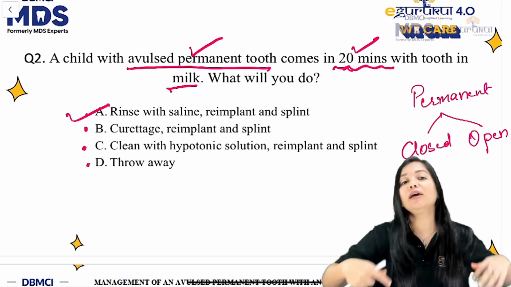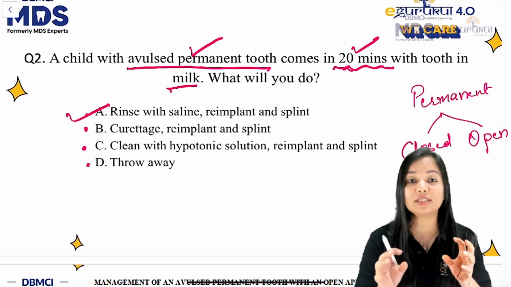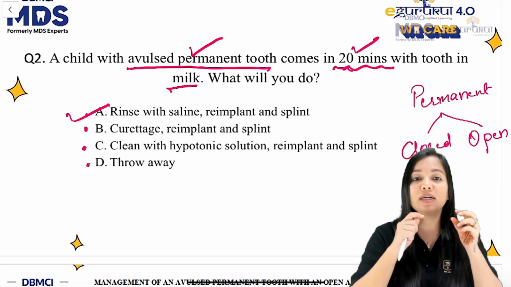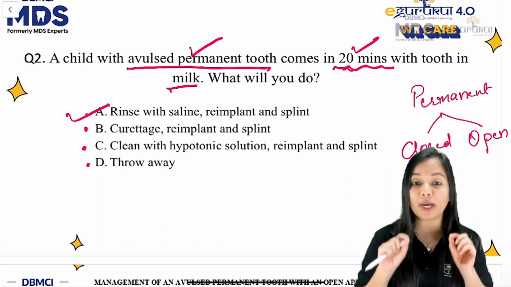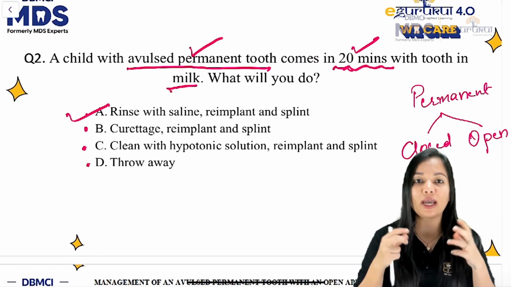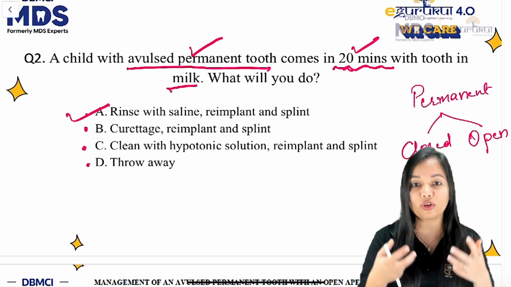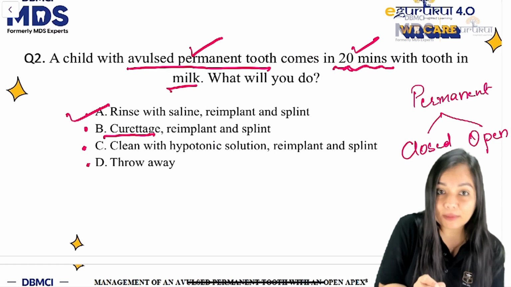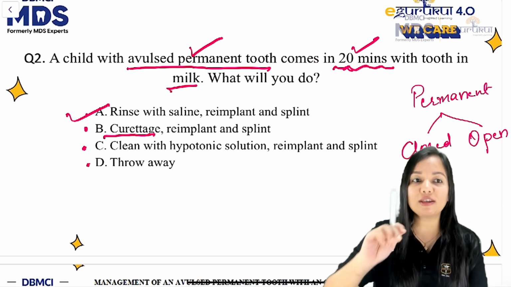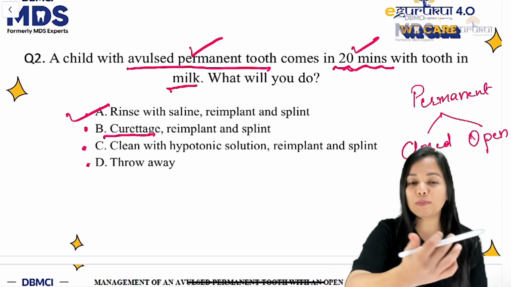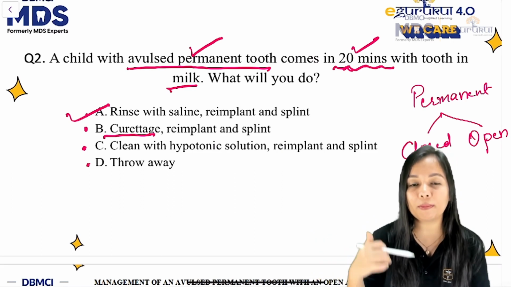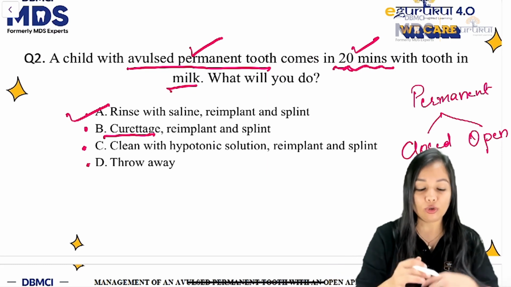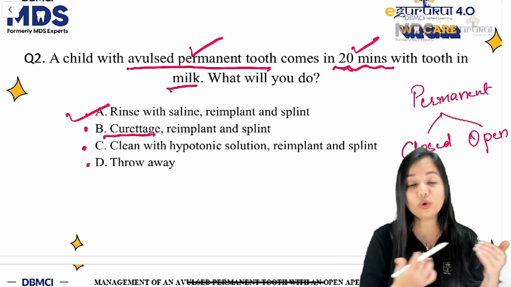So one thing we need to take care of is that since the tooth has been put in a biologic media, the PDL of the avulsed tooth must be viable. The PDL might not have been necrosed or severed, so the PDL is viable. So curetting it will actually just pull off all the PDL that have been severed or cut or damaged, so don't curette it.